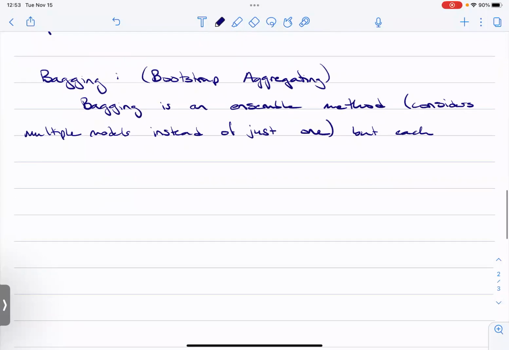But each new model is fit to a bootstrap resample.